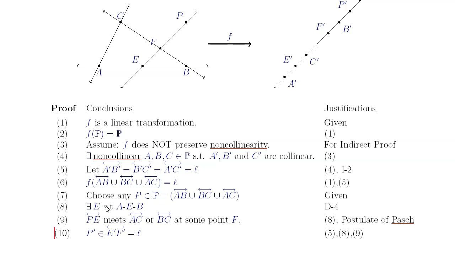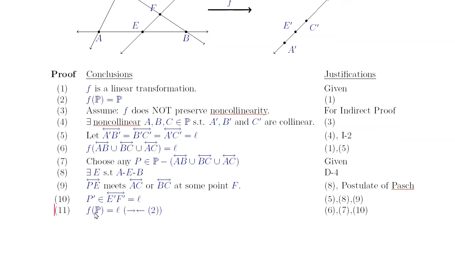So we picked any random point P outside those three lines, and we found that its image is going to be on the same line. Which means the image of the entire plane P is going to be a single line L, which is a contradiction, because remember that f is a transformation, which requires that it's onto.